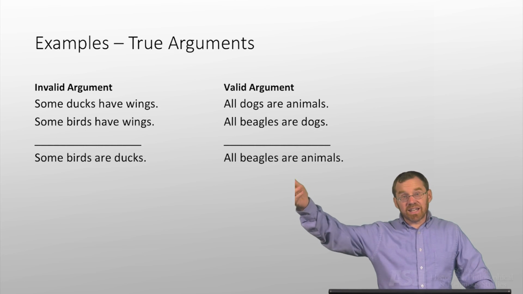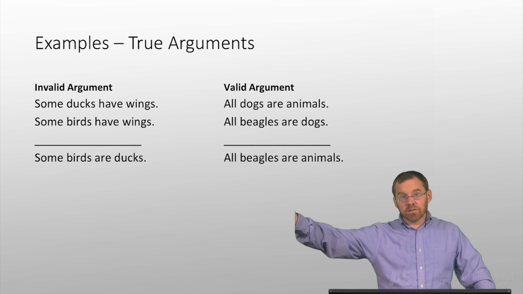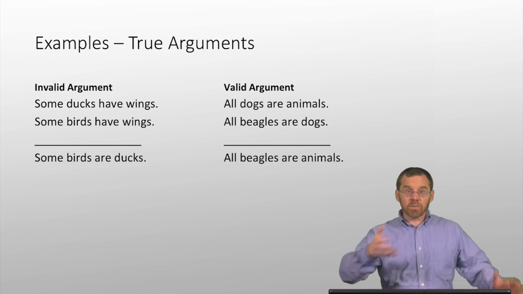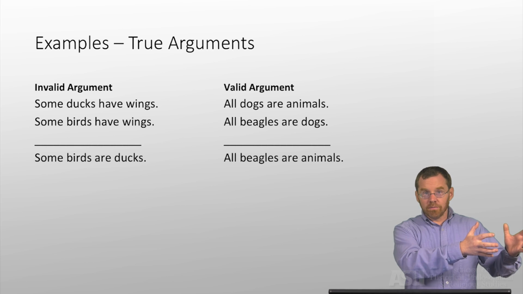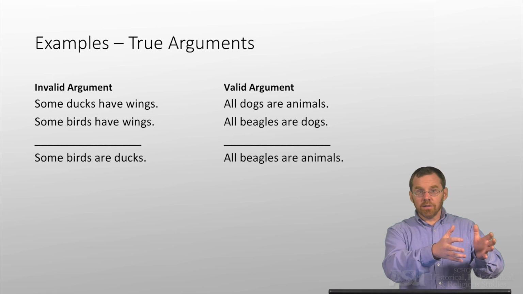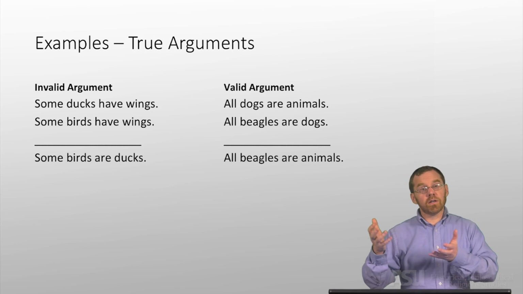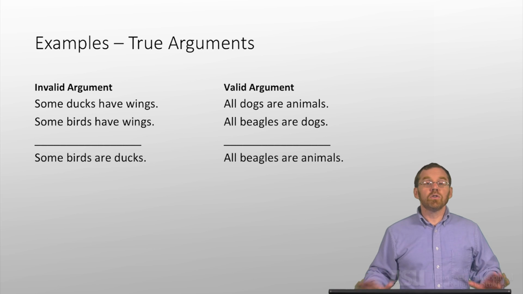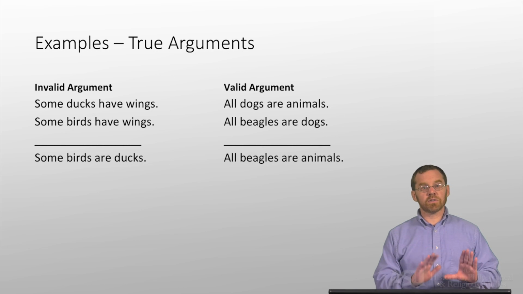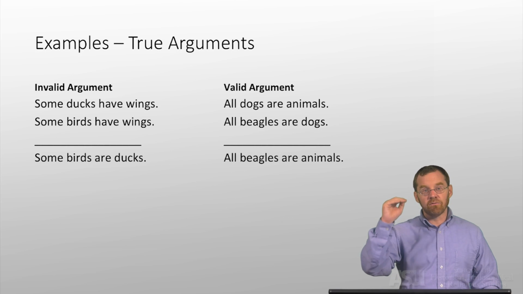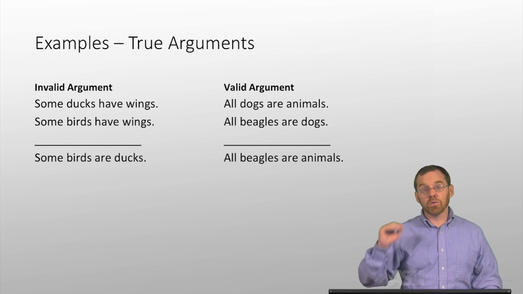And if all beagles are dogs, then we have something that's a beagle, not an animal, and a dog. So we've got a dog that's not an animal. Don't worry too much about that. Later you're going to learn some tests for validity. The key point I want to emphasize here is that this is a valid argument and it's a true argument.